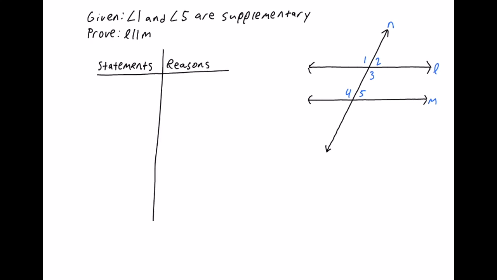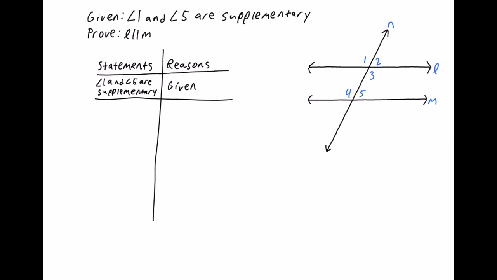So you start by making your first statement, which was given to you. Angle 1 and angle 5 are supplementary. That was given to you, so the reason is given. Then from there, you have to do different things to try to prove that line L and line M are indeed parallel.